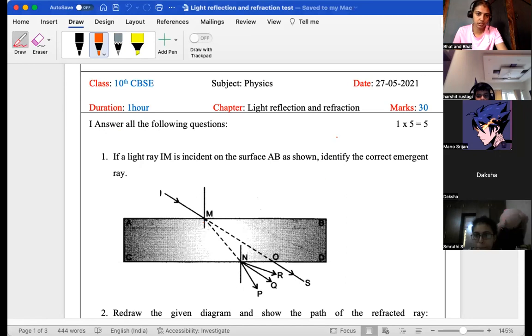See here, what is this dotted line they have drawn?